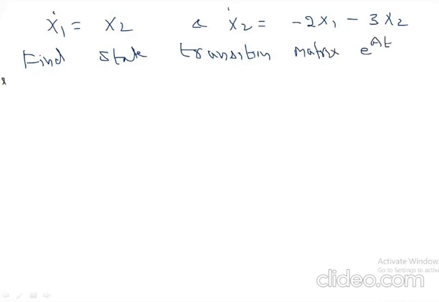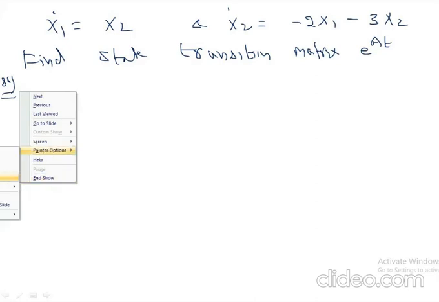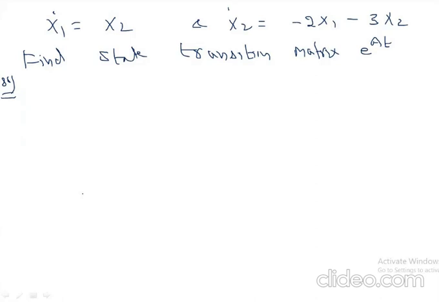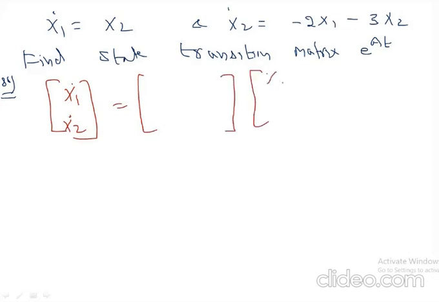So the solution for this particular problem is as follows. Convert the given data into matrix form; then x1 dot, x2 dot will be equal to a 2 by 2 matrix into x1, x2 plus B into u.